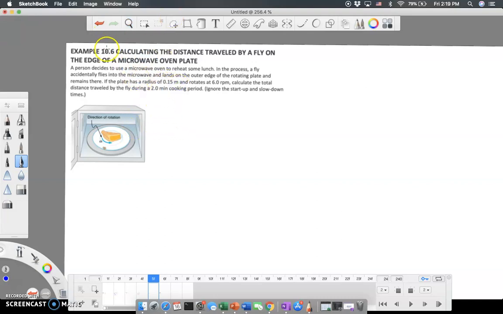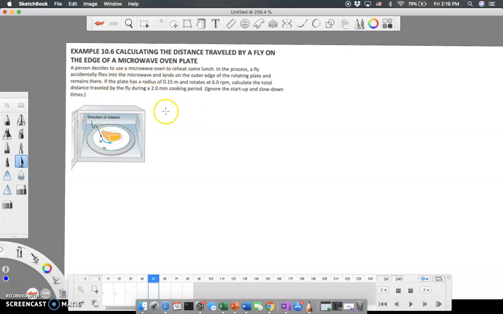Example 10.6, we're looking at a microwave. A person decides to microwave some lunch to reheat it, and in the process, a fly accidentally lands in the microwave and is on the outer edge of the rotating plate and remains there.